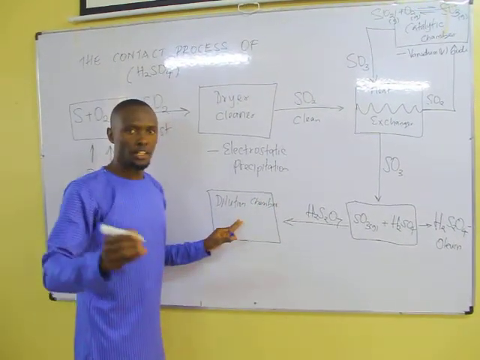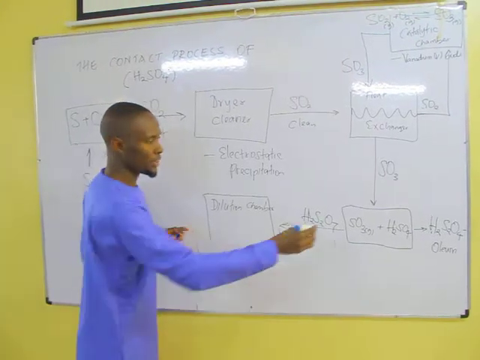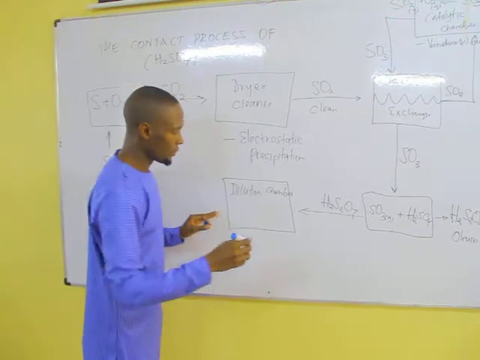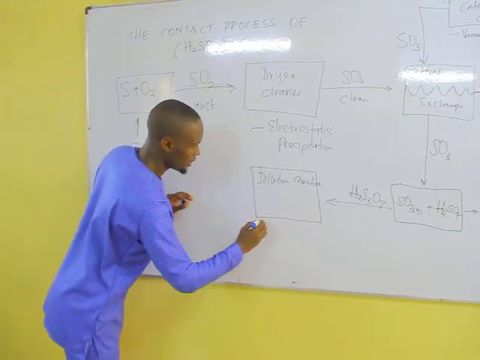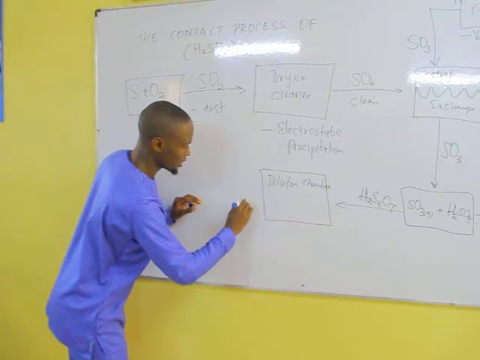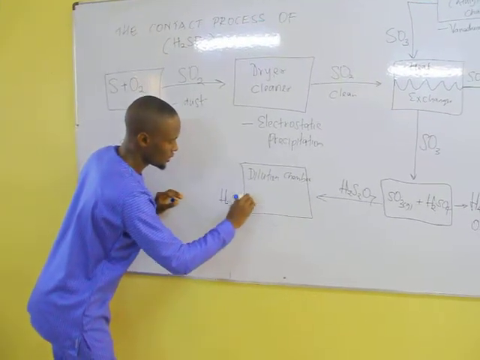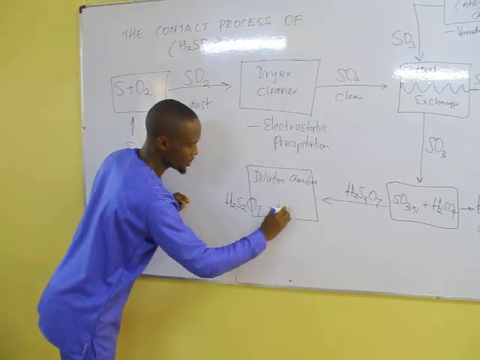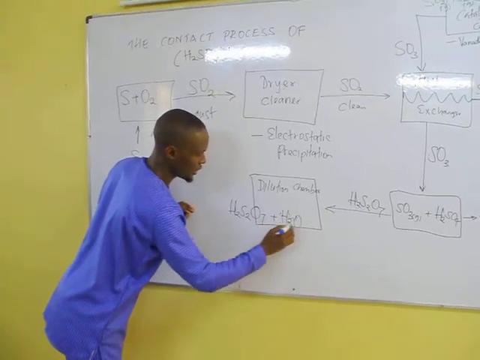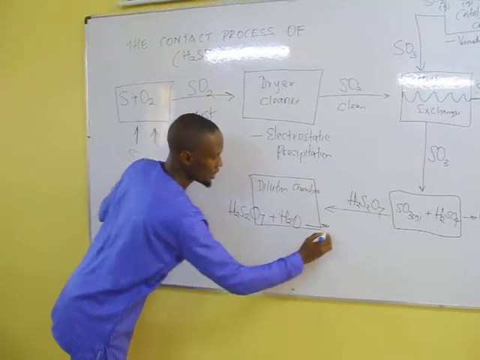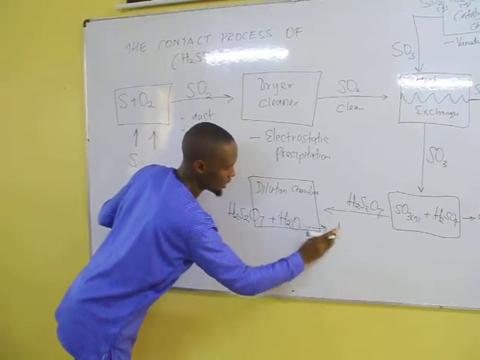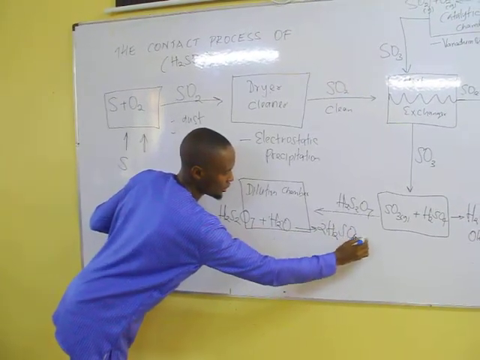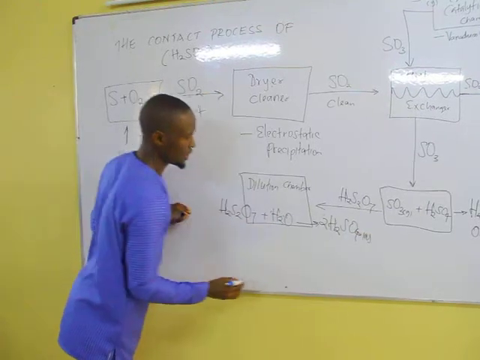In the dilution chamber, that is when we react oleum with water. So the equation for this reaction is oleum plus water, H2O, and then sulfuric acid is formed here, 2H2SO4, which is concentrated.